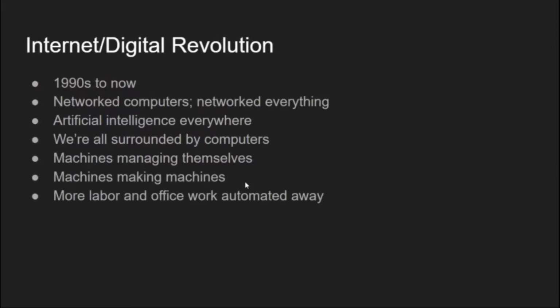And then in my own lifetime, we've seen the internet created and take off. And so now, not only are computers doing a lot of our work for us, they're talking to each other and working together. And we're beginning to see artificial intelligence do more and more.